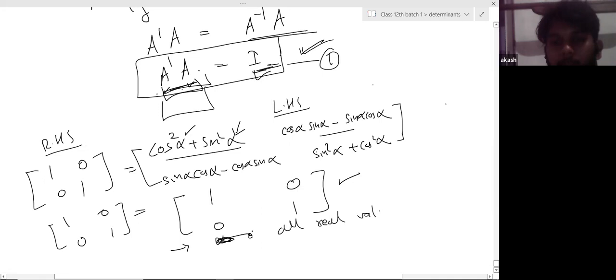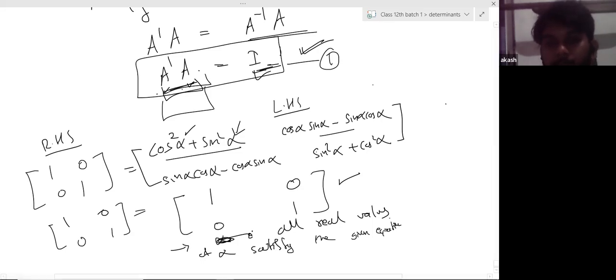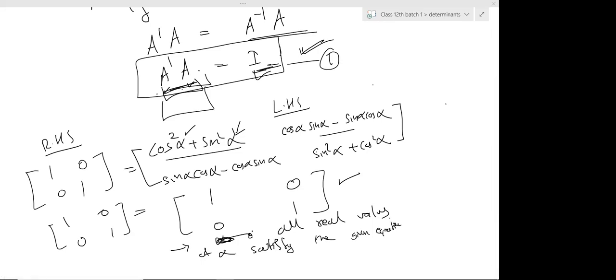All real values of alpha satisfy the given equation. Is this clear to everyone? Yes, sir.